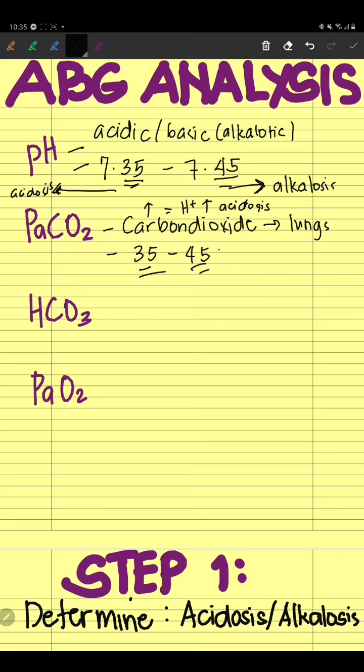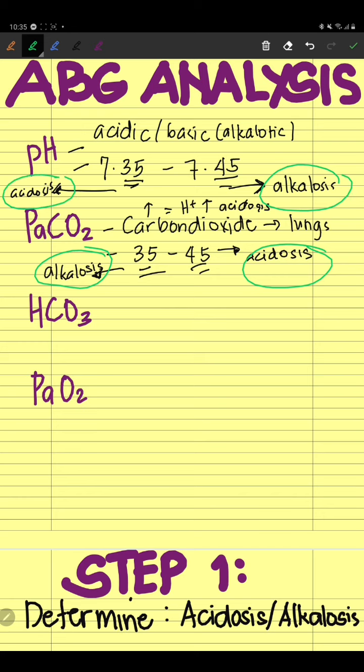So, if abnormal value yan, it is more than 45, that is acidosis. Dito naman, pag less than yung value ng carbon dioxide, that is alkalosis. Yan. Circle natin yan. Normal levels ng pH, normal levels ng PaCO2.